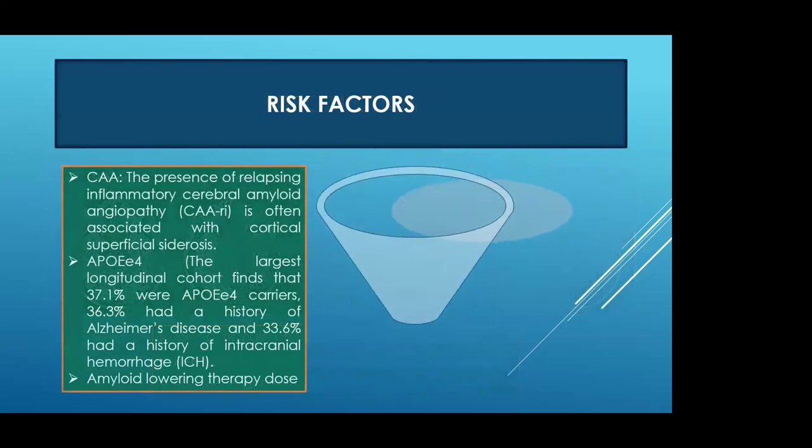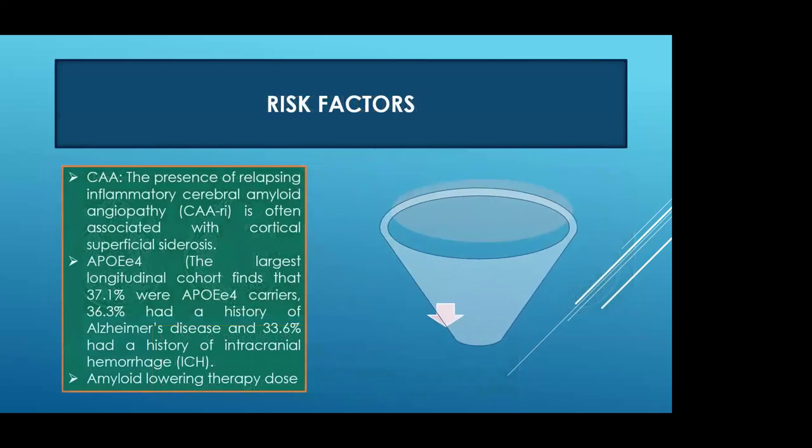Some of the risk factors we should know about for developing the disease. I'm going to mention the 3 most important risk factors, which are going to be cerebral amyloid angiopathy, apolipoprotein E epsilon 4, and the amyloid lowering therapies, of course. We all know that cerebral amyloid angiopathy and the presence of relapsing inflammatory cerebral amyloid angiopathy, which is a different condition, will often be associated with superficial siderosis.